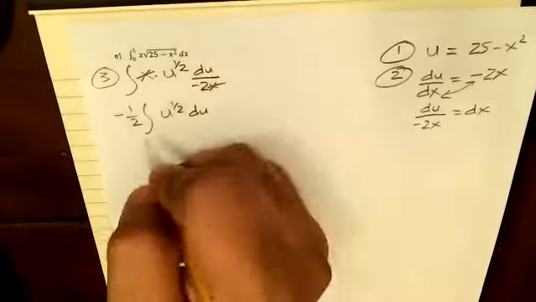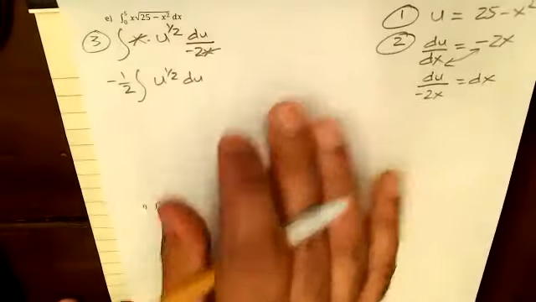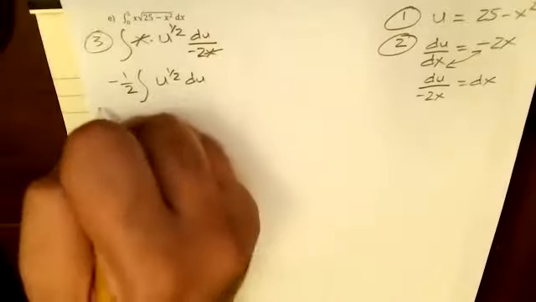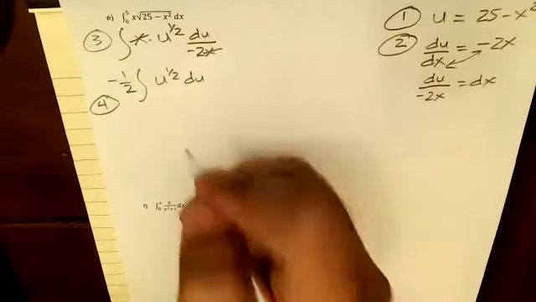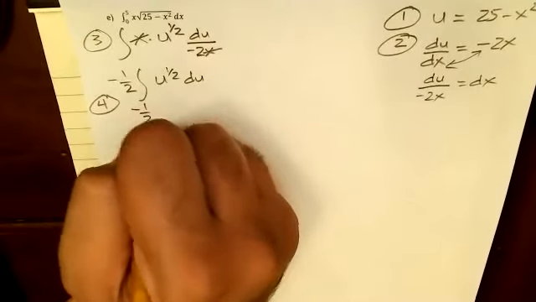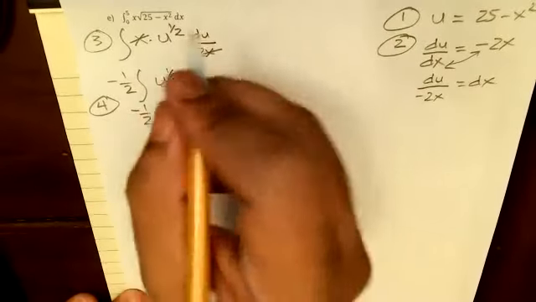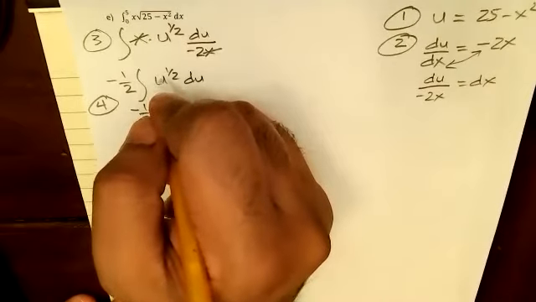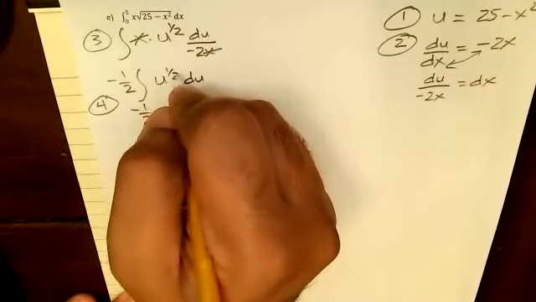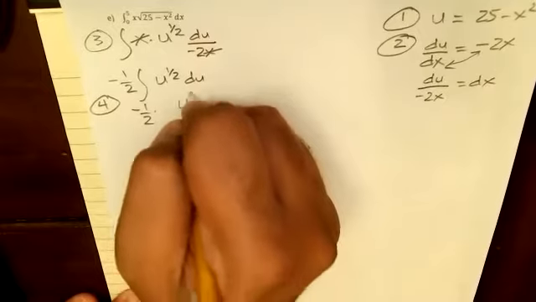All right, so now I need to take the antiderivative of u to the 1/2. I believe that's step 4 now. The negative 1/2 will stay there. And then the antiderivative of u to the 1/2: you have to add 1 to 1/2, which is going to be 3/2.